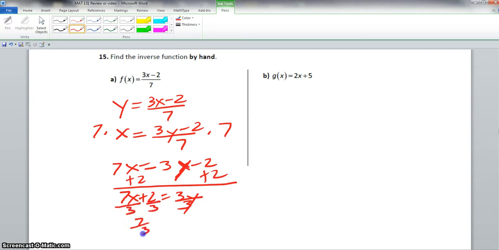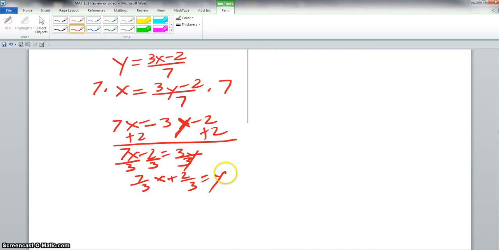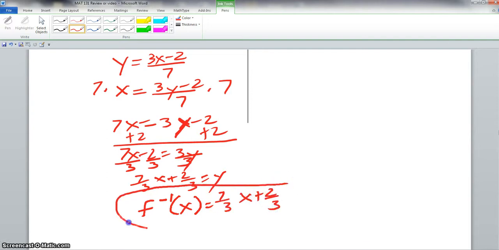And we will have 7/3 x plus 2/3 is equal to y. Now we have to write this as the inverse function of f of x. We know y represents f of x, so we'll write f inverse of x is equal to 7/3 x plus 2/3. And that is our inverse function.